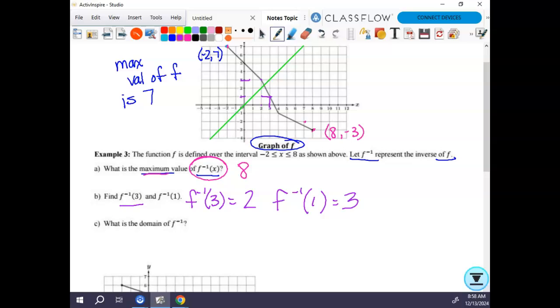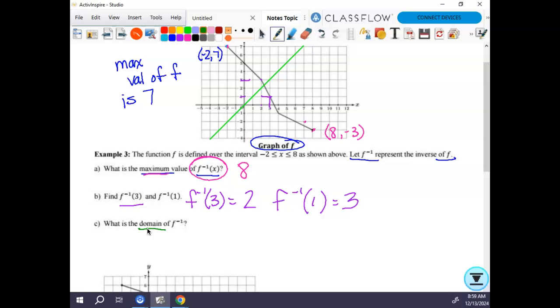All right, good deal. So then it asks me for the domain of f inverse. Well, we didn't graph the whole thing, and we don't need to. But the domain of f inverse is the same as what from f? If x and y get switched, domain and what gets switched? Range.